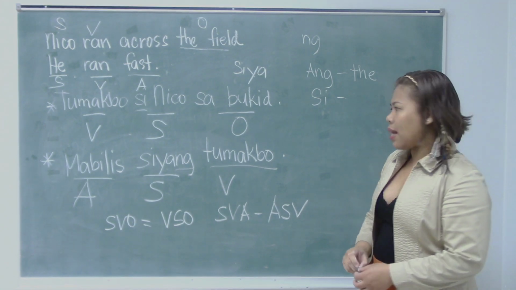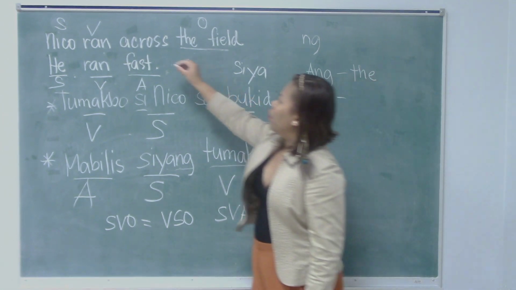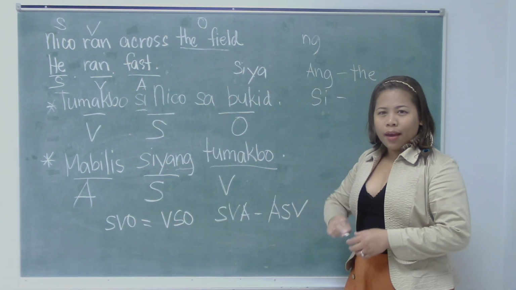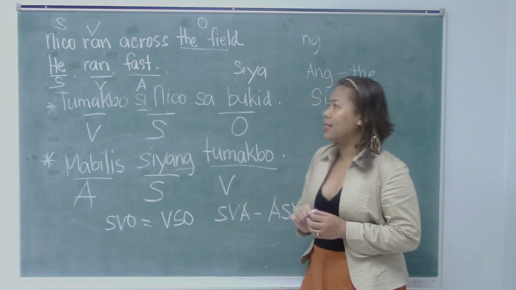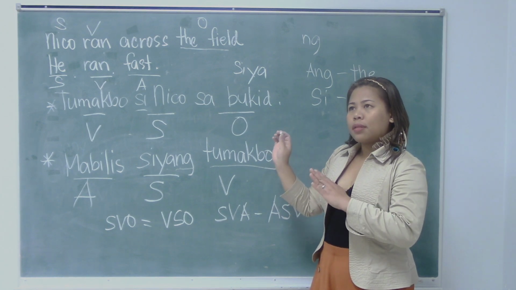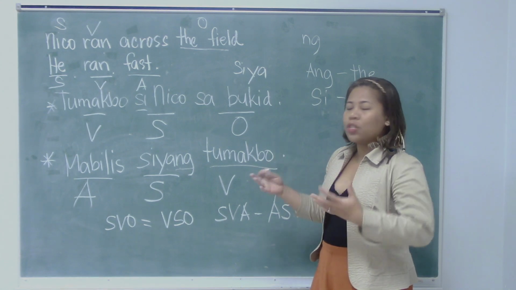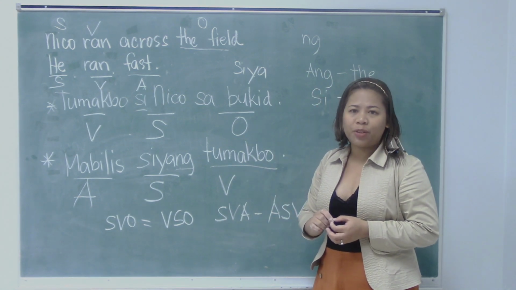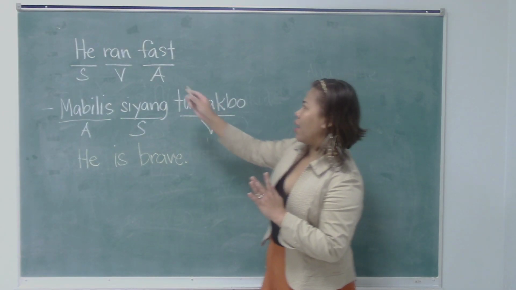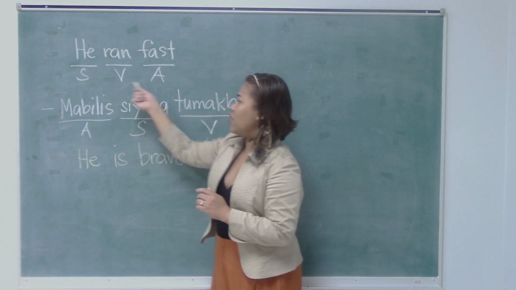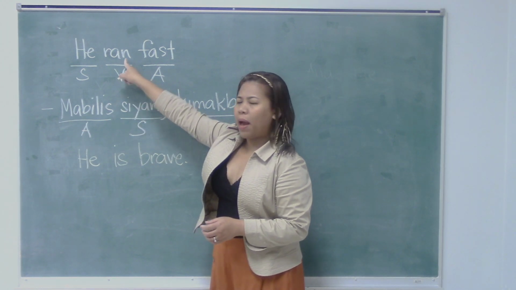I'm going to show you another example because in this one, we really have a main verb, tumakbo, ran. But then, what if we are just going to use a linking verb when we form our SVA? Like, for example, in the first sentence that I gave you, Mary is happy. There is no verb there, then the pattern will change as well. I'm going to show it to you. So I copied the previous example that I gave. He ran fast is an SVA, and here we have the main verb, ran. It's in the past tense.